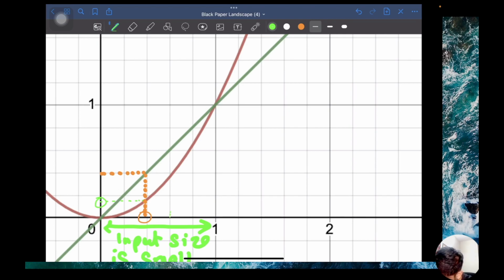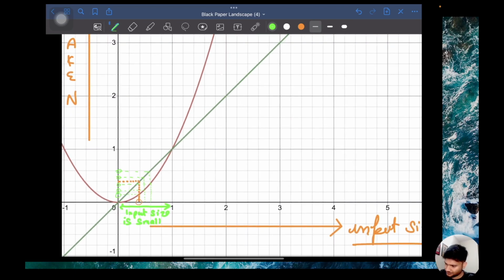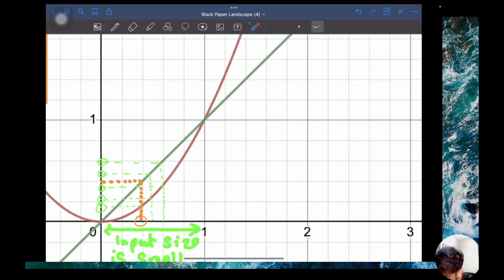Then again, see for a few more inputs. See here, then see here. So when this is the input, red is the algorithm 1 line, green is the algorithm 2 line.